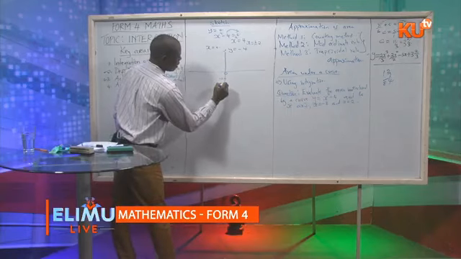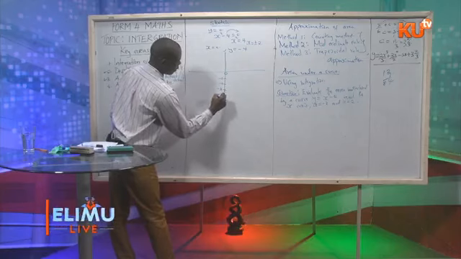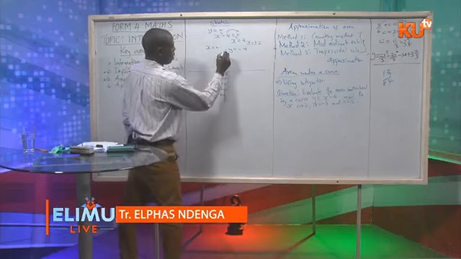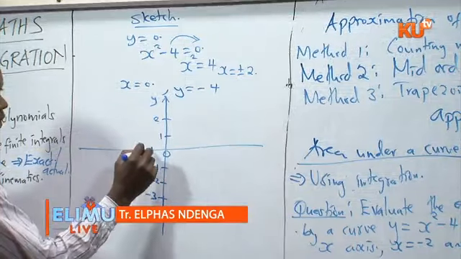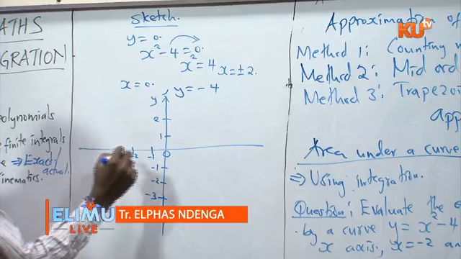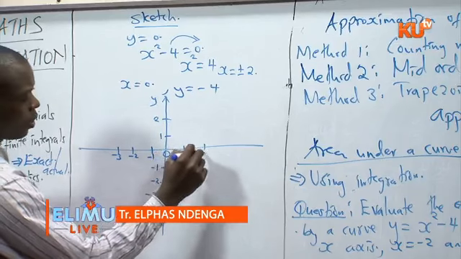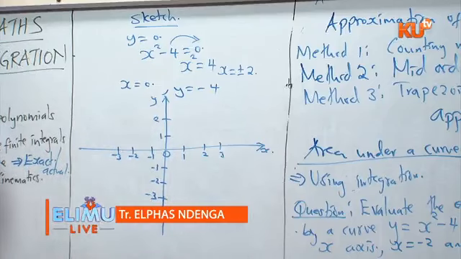So this could be -1, -2, -3, and -4. These are on the y-axis, 1 and 2. Then on the x-axis we have -1, -2, -3, 1, 2, 3. This is our x-axis.